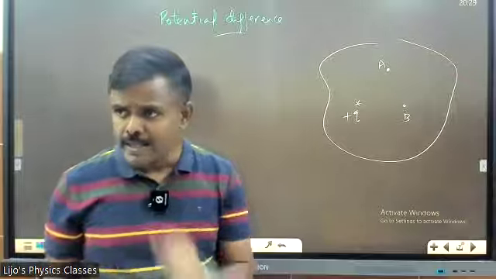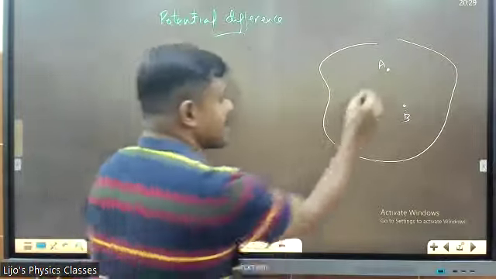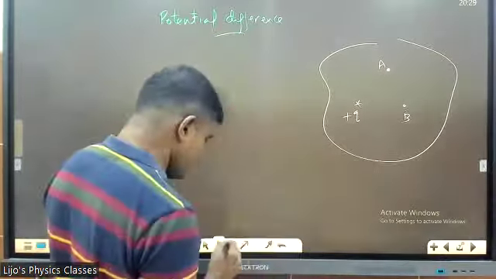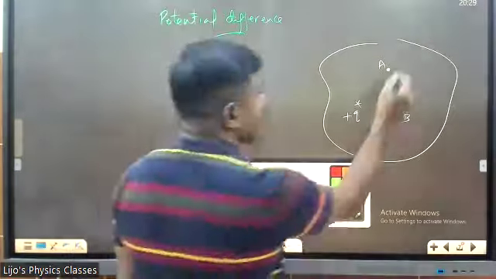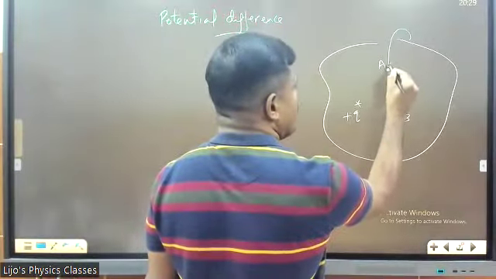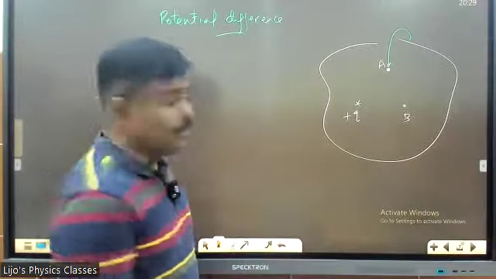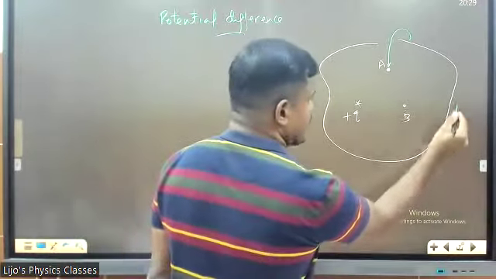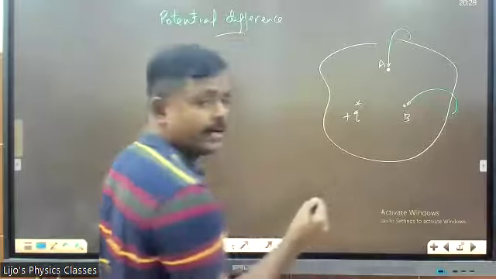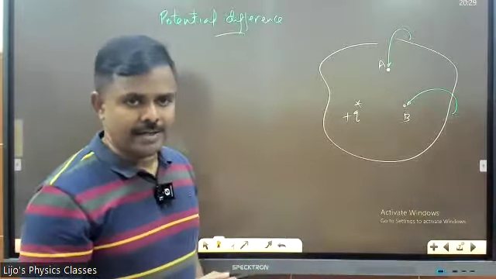Okay. Look at this. What is potential at A? Potential at A means it is the work done in moving a +1 coulomb from infinity up to A. What is the potential at B? Work done in moving a +1 coulomb from infinity up to B. Got it?